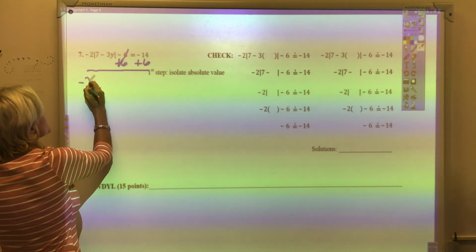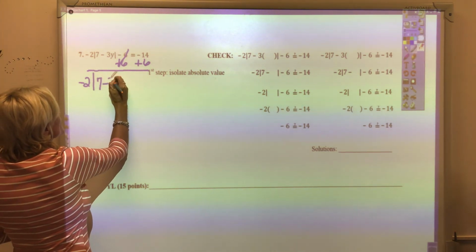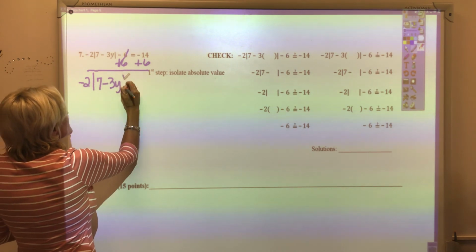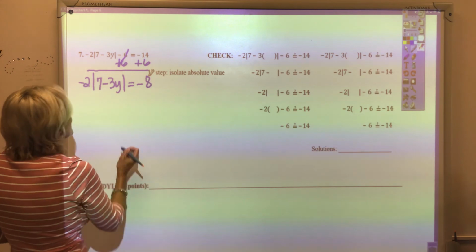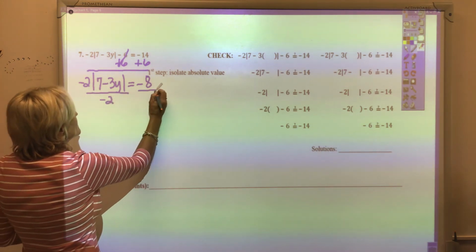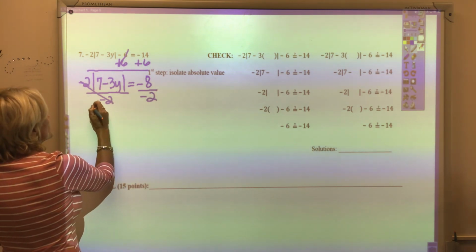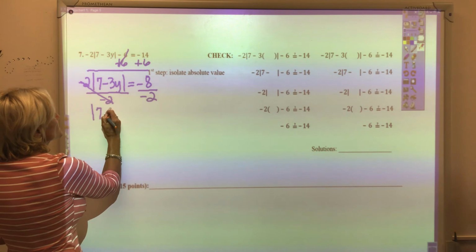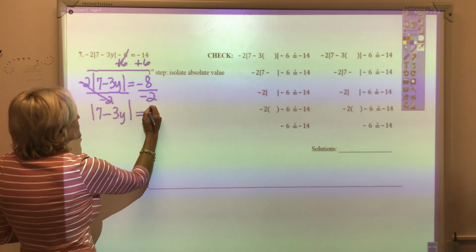That will give us negative 2 times the absolute value of 7 minus 3y equals negative 8. Divide both sides by negative 2. We'll have the absolute value of 7 minus 3y is equal to 4.